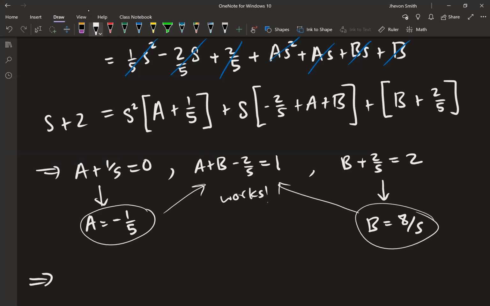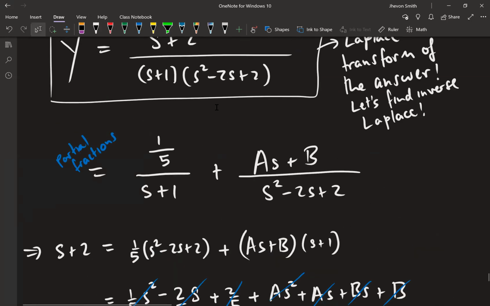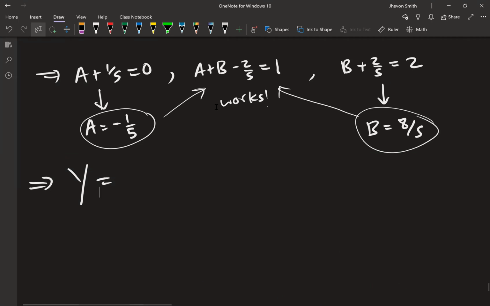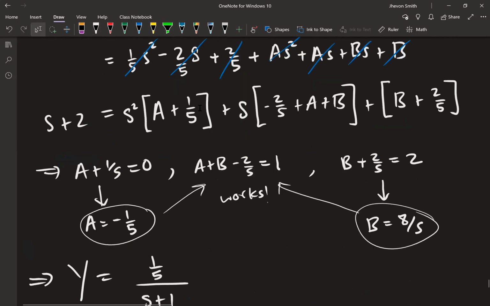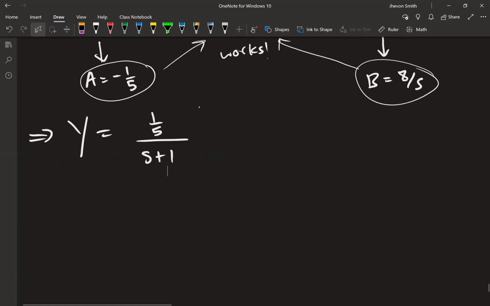So ultimately, my big Y, I can think of it as 1/5 over s plus 1, a is minus 1/5, and my b is 8/5.